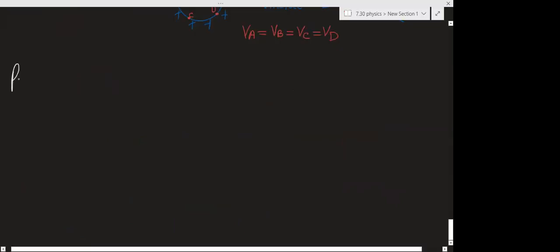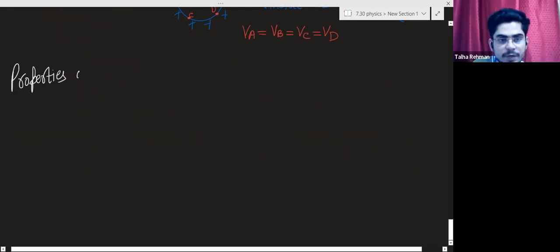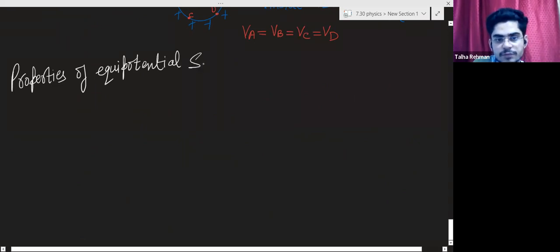Now write the heading: properties of equipotential surface.